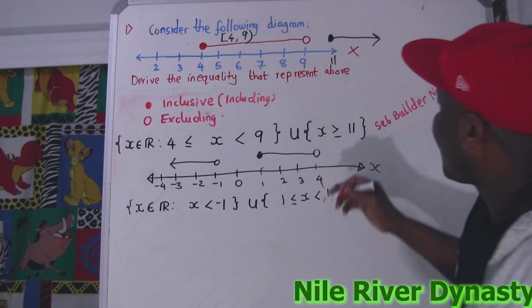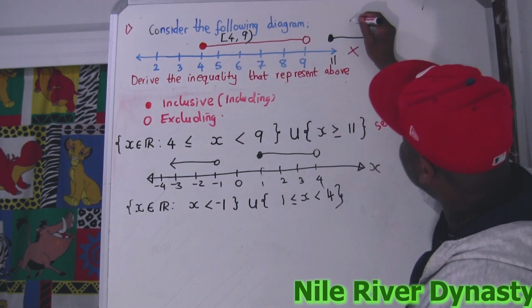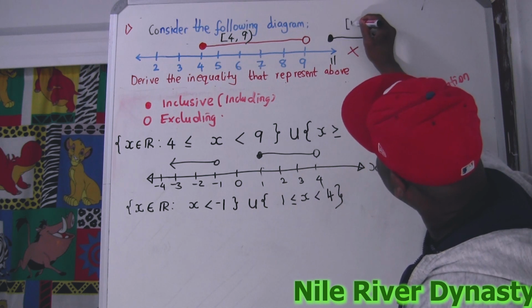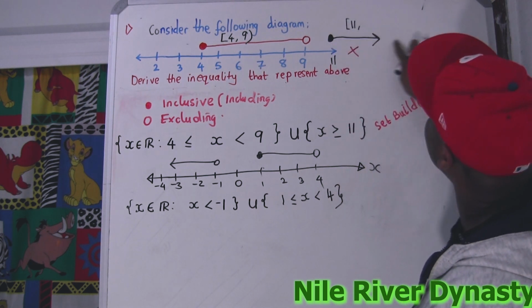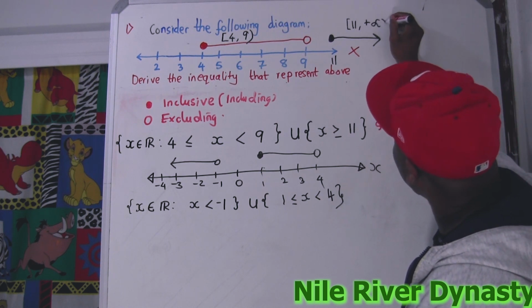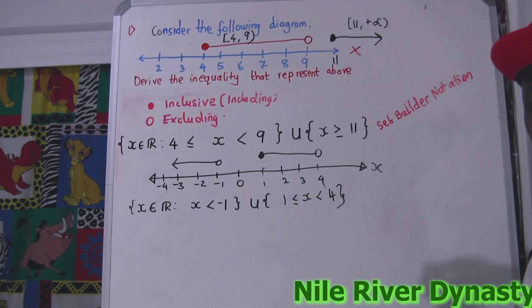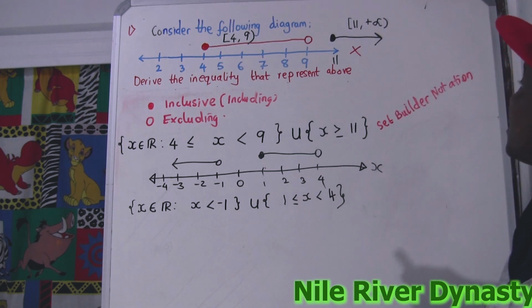Now if I want to put them together, this other one starts including 11 and goes all the way to positive infinity. You write it like this, but infinity you always exclude, because you don't know exactly where infinity is.